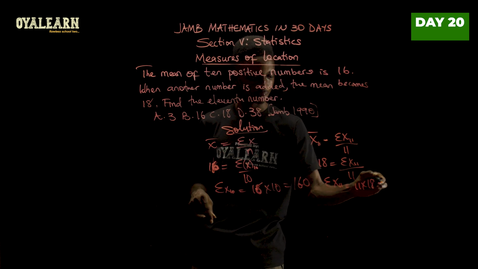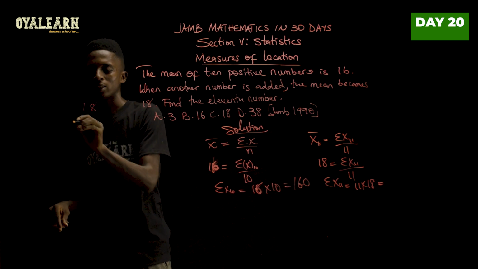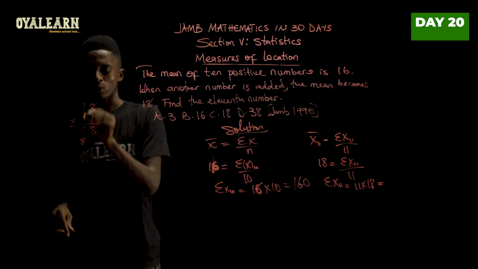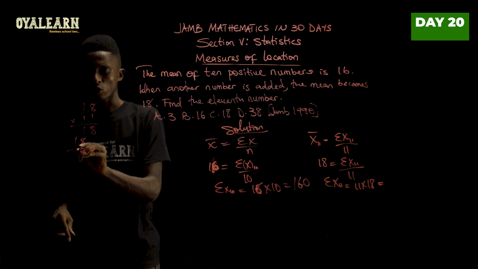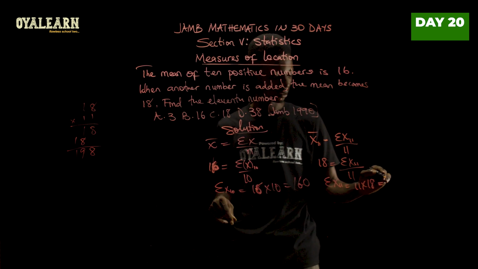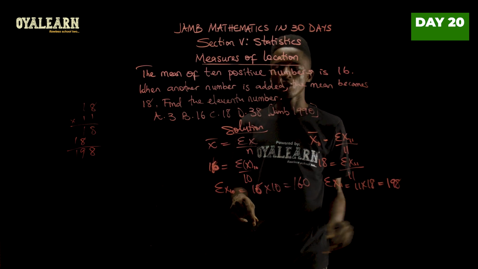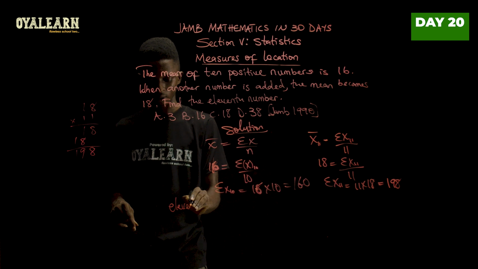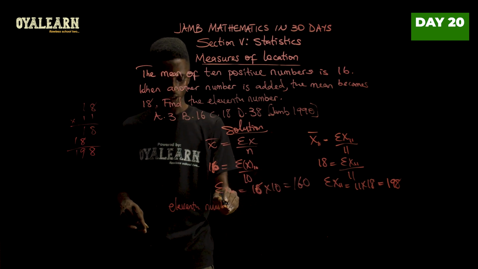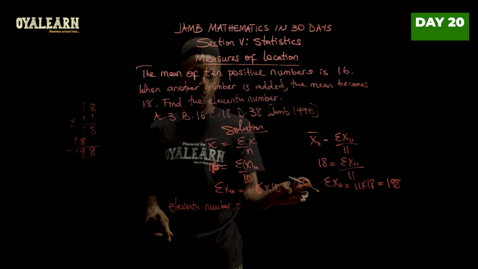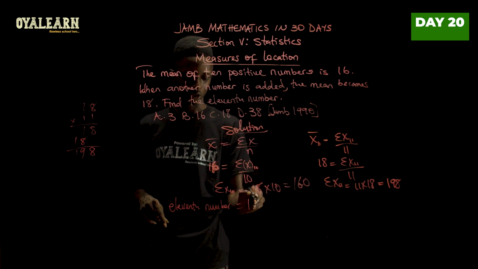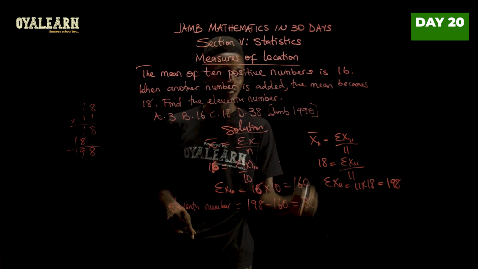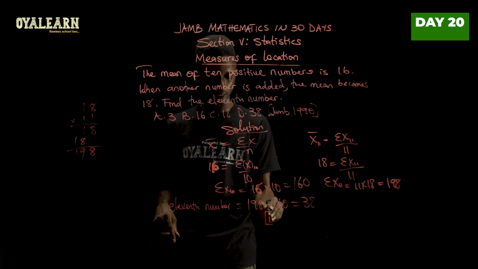So let's get this. 18 times 11 gives us 198. So to get the 11th number, all we have to do is subtract 160 from 198. So that will be 198 minus 160, and that will give us 38. So the correct option here is D.